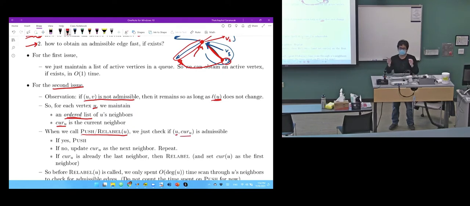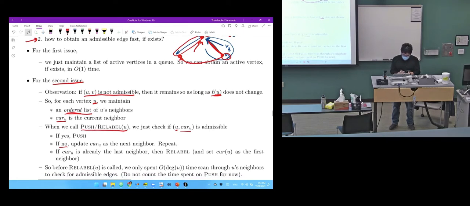If it is admissible, just push along that edge, and that is a push operation. If it is not admissible, then you update your current neighbor to the next one in the list. And if the current neighbor is already the last one, now you know that nothing is admissible, so you can relabel.